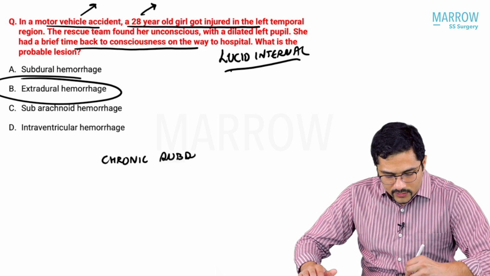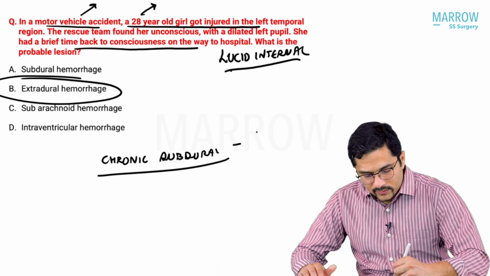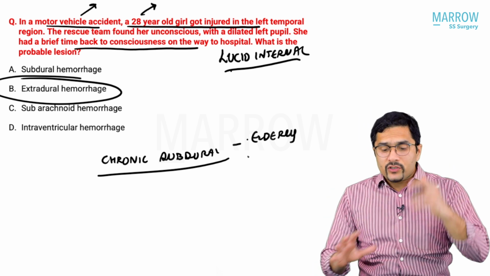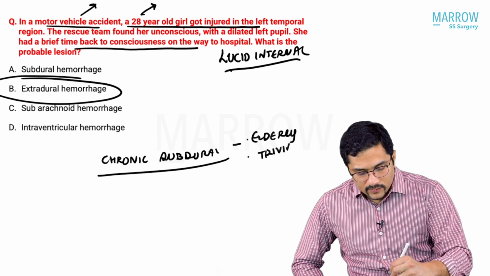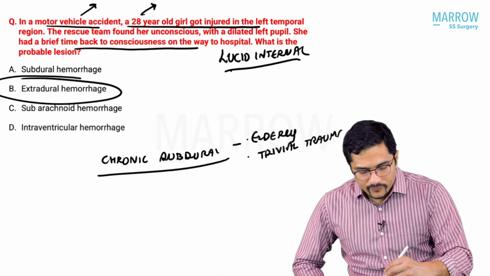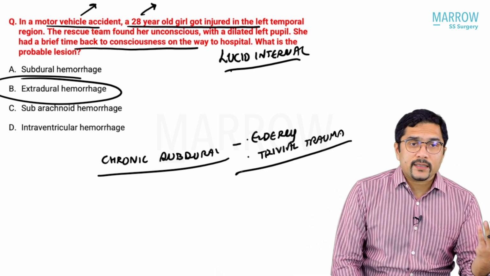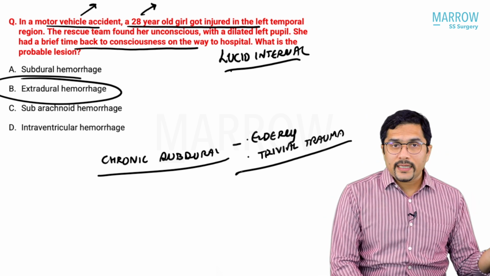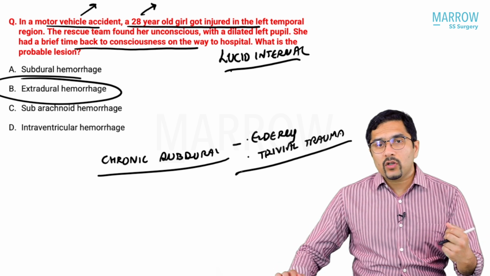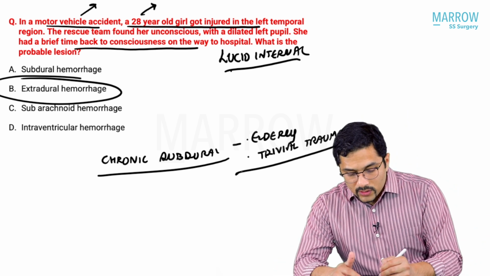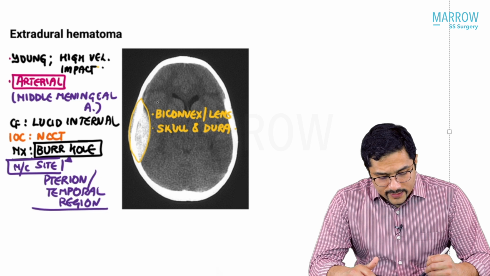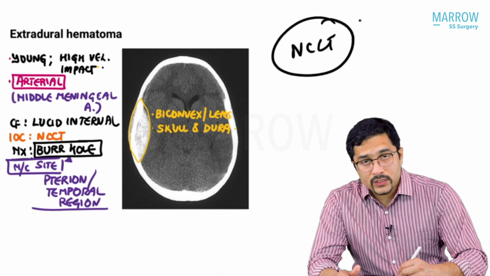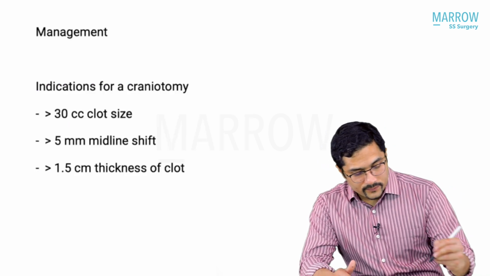Chronic subdural hemorrhage will be seen in elderly patients, and the patient will have trivial trauma, and after a few days to weeks, the patient will lose consciousness, right? So, as compared to EDH, where there is a young patient, high velocity impact, and usually there is lucid interval, you can see a biconvex hemorrhage when you do an NCCT. NCCT is the investigation of choice in patients with head trauma.